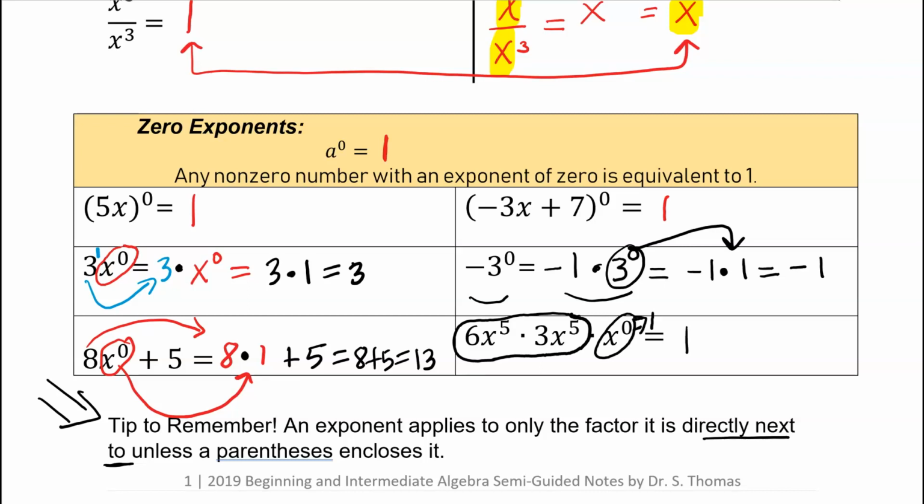That's pretty simple. That's 18. But what is the rule for x to the 5th times x to the 5th? Same base, so we add the exponents, which would give us 18x to the 10th power.